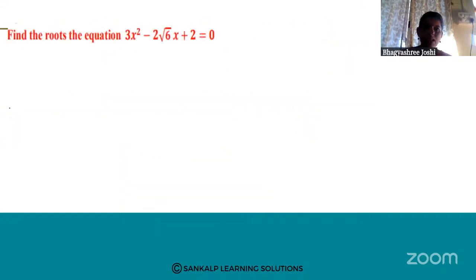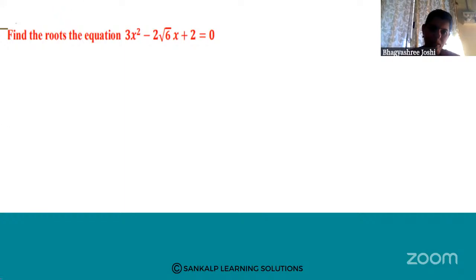Yes. Next. These are all 2-mark questions. Find the roots of the equation 3x square minus 2 root 6x plus 2 is equal to 0. So now what do we do? Use the factorization method. For that, a into c, a value is 3, 3 into 2 is 6.